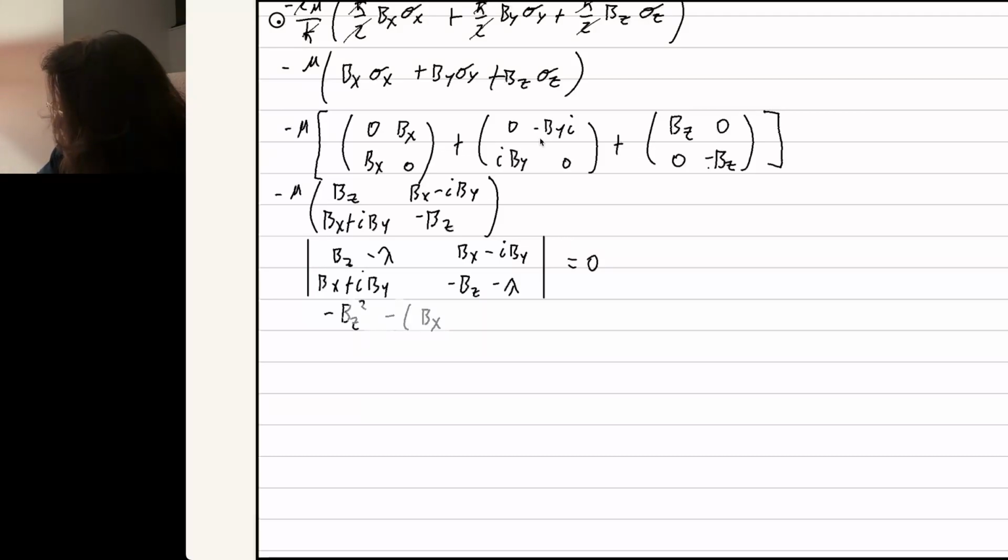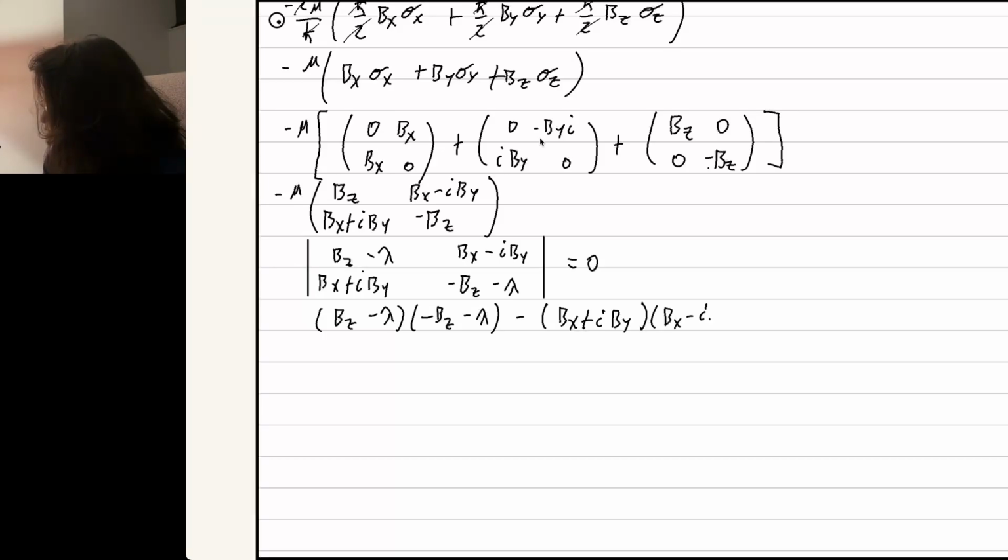So bz minus lambda times minus bz minus lambda, minus bx plus i by times bx minus i by, equals 0.